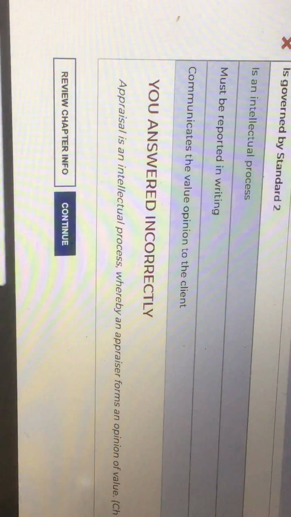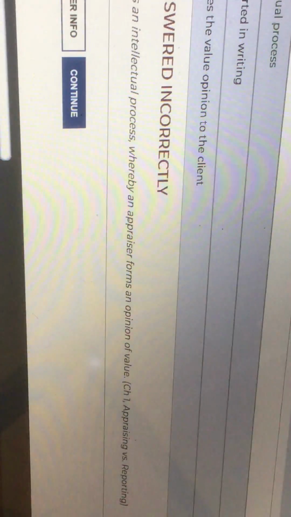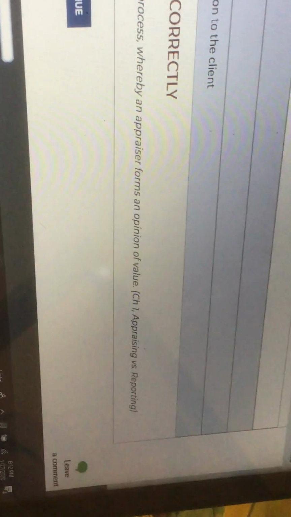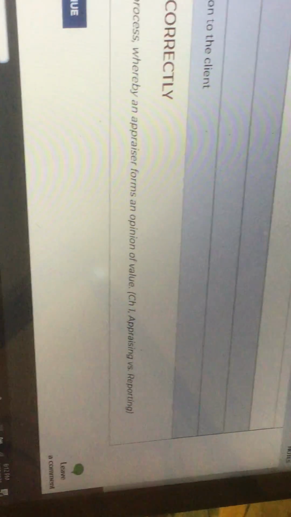You answered that one incorrectly. Appraisal is an intellectual process whereby an appraiser forms an opinion of value. Chapter 1, Appraising versus Reporting.